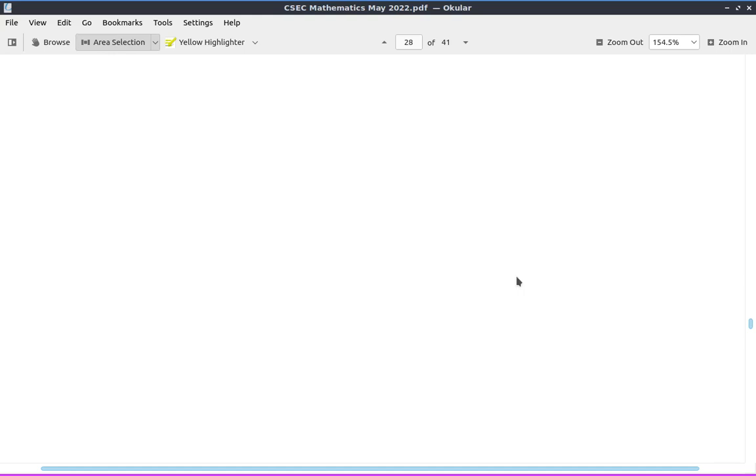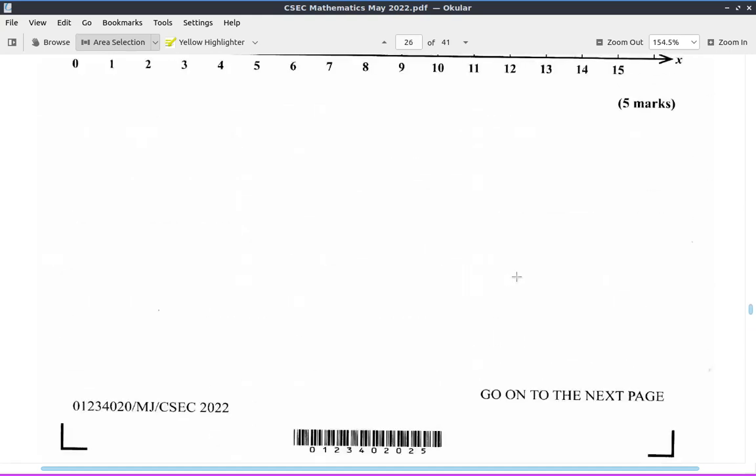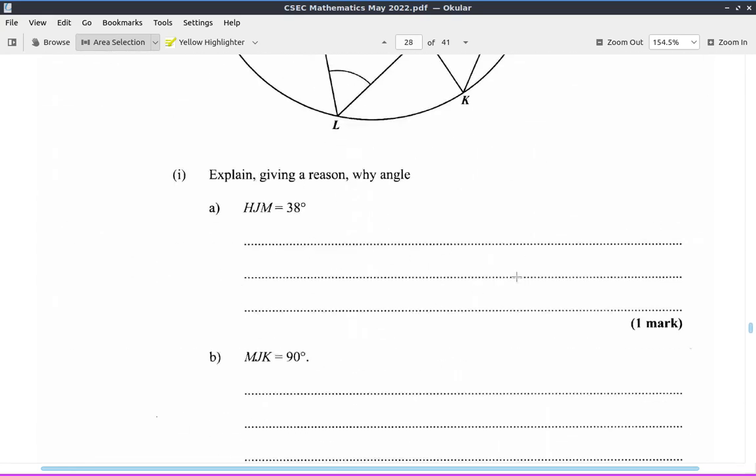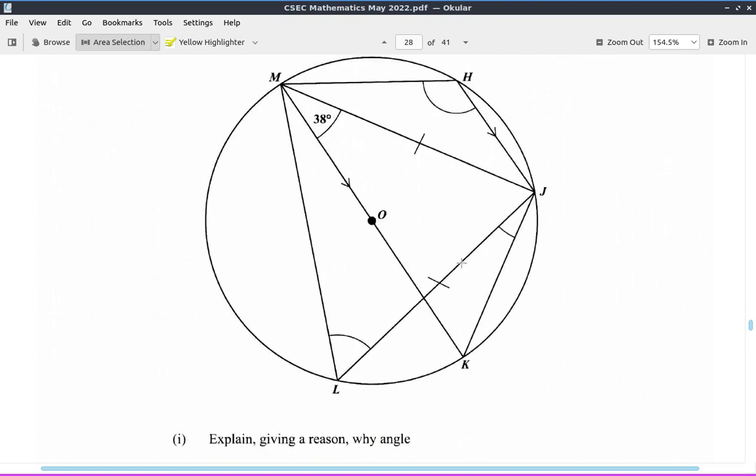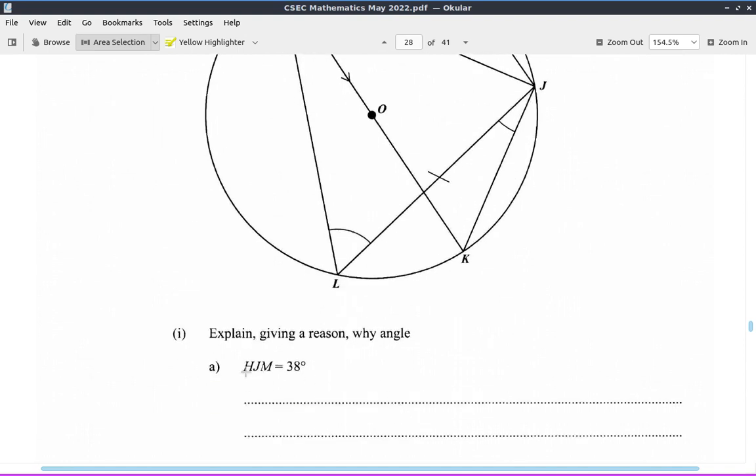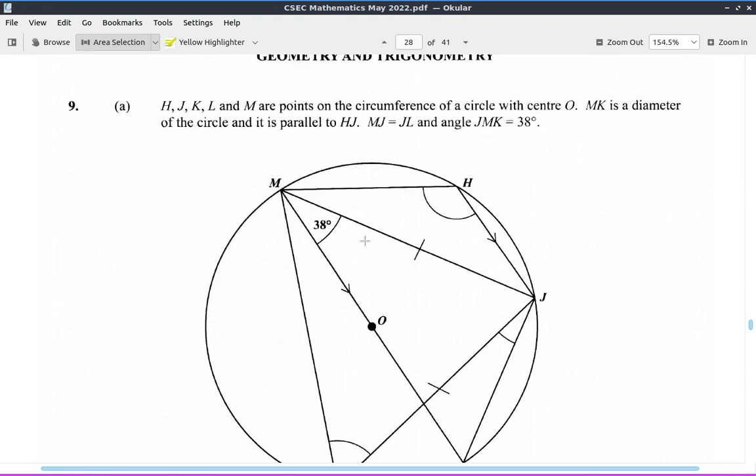Let's see what question 9 says. Where is question 9? Okay, circle theorem. You have all of these, and you explain, giving reasons, why this angle is 38.